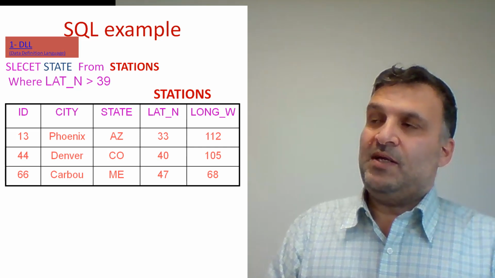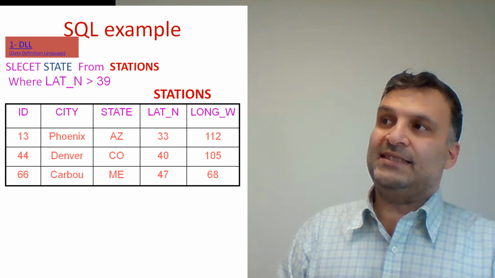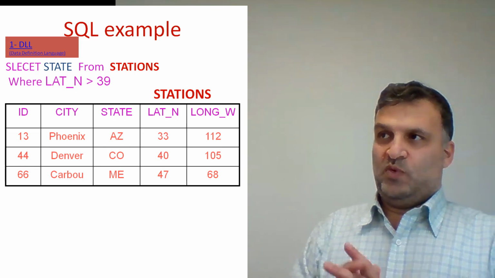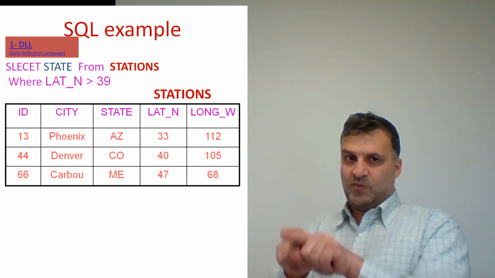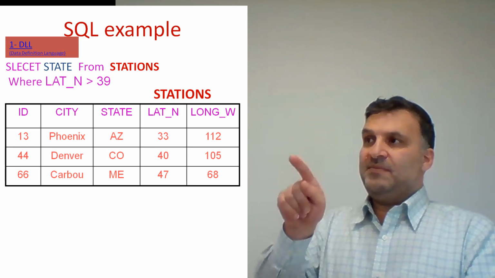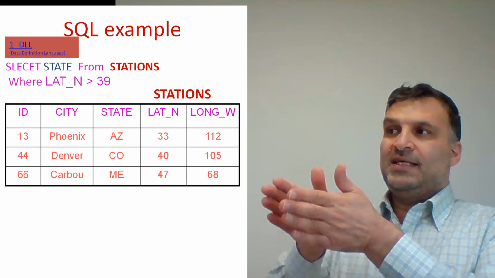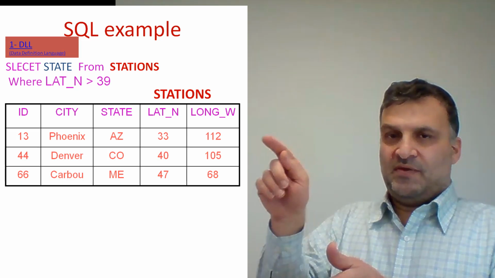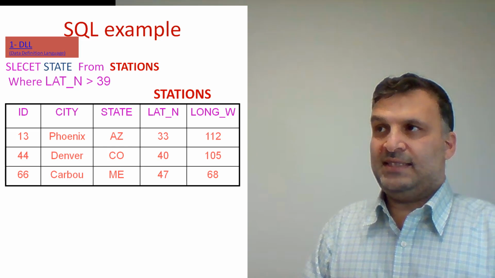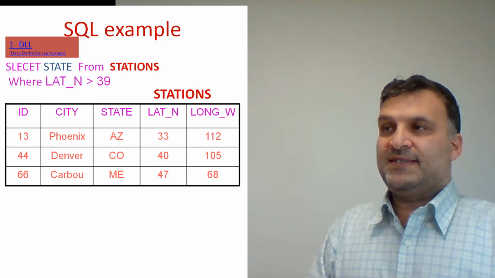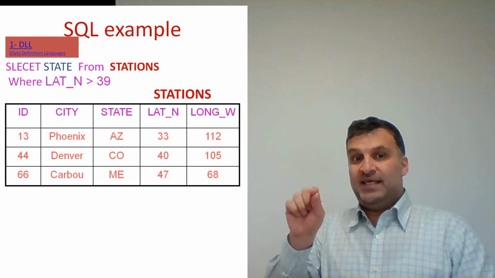Here, for example, we have SELECT state. We specify the name of the column that we are searching for. FROM stations, so we say that we need the information from one column in a specific table, from the column state in the table stations, and we can specify conditions.